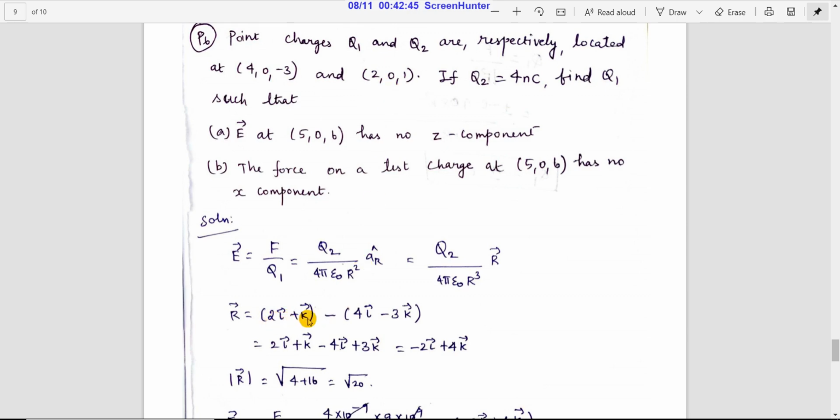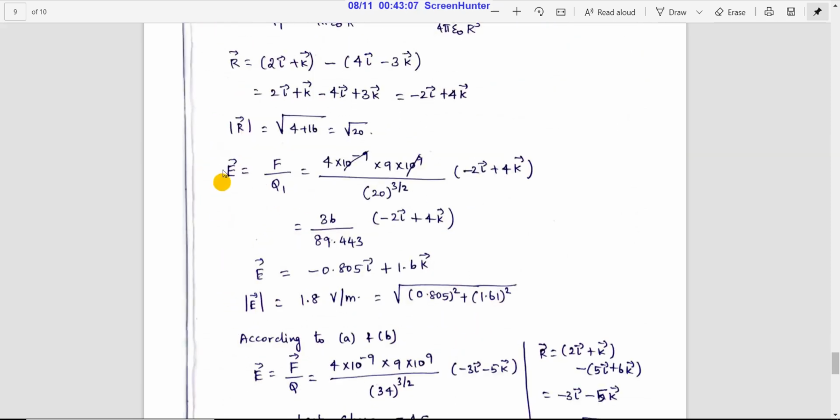So 2i vector plus k vector minus 4i vector minus 3k vector. If you subtract, then you will be multiplying the minus inside this. So minus 4i vector plus 3k vector. If you calculate this value, minus 2i vector plus 4k vector, you have to find out the magnitude value.